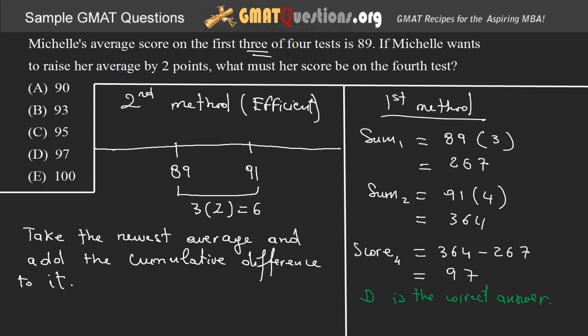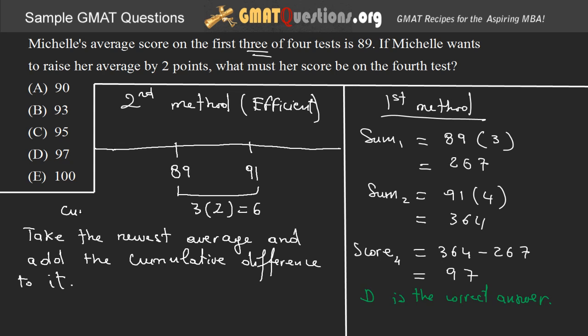The cumulative difference is the cumulative difference between the two averages. 2 was the single difference. Now the cumulative difference is 3, the original number of scores, times 2.